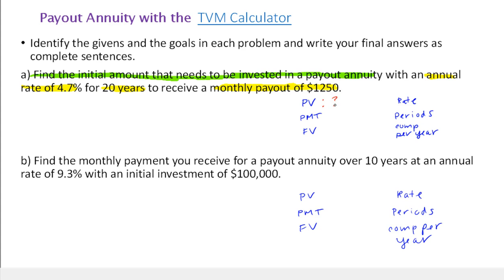Okay. Now the payment. So it says we want a monthly payout of $1,250. So the payment, since it's getting paid to you, this is going to be a positive number, $1,250, because that's money coming into you. The interest rate we have is 4.7%.